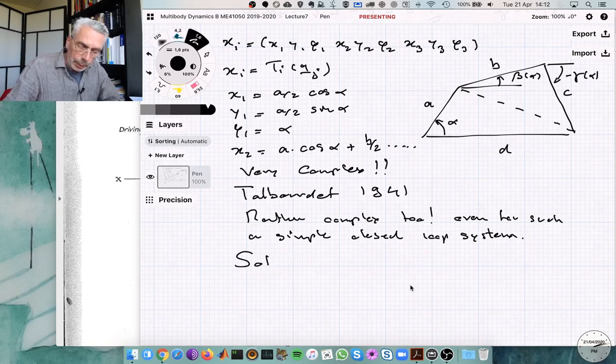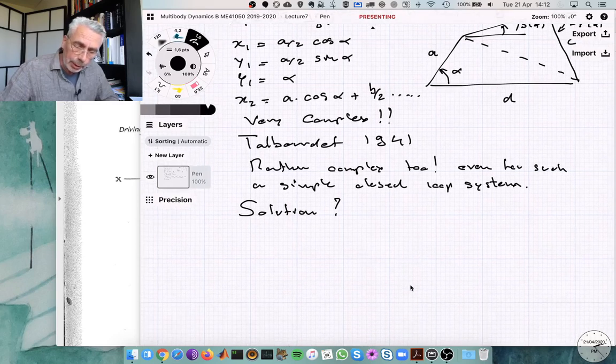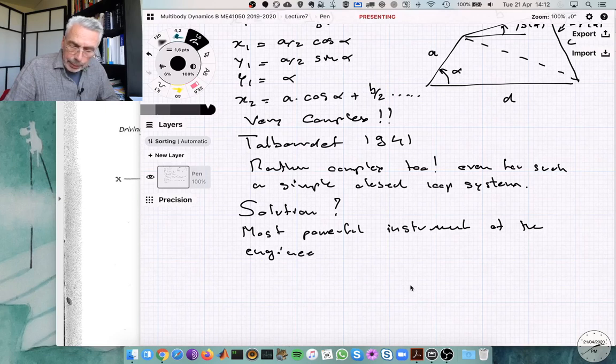So that's not an L. Solution. Well, everybody knows that the most powerful instrument of the mechanical engineer is, of course, your scissors, right?